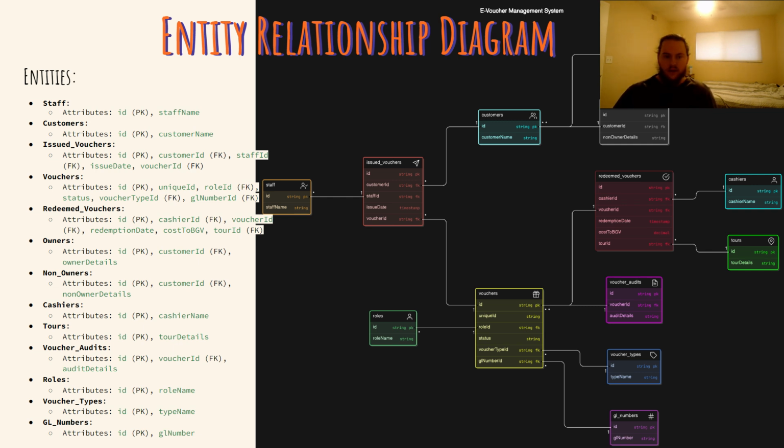Next is the voucher audits, and this entity just tracks the changes and actions related to all the vouchers for auditing purposes. And finally, we have the GL numbers, and the GL numbers is the general ledger number. It's used to just track the financial impact of the vouchers within the organization's accounting system.